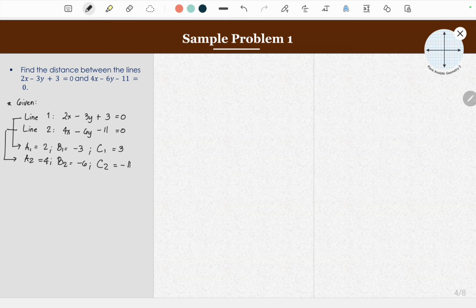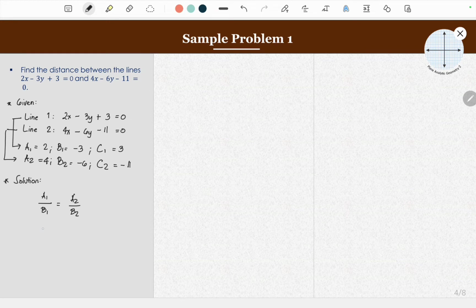Substituting these values to check if they are parallel or not, we have a sub 1 over b sub 1 is equal to a sub 2 over b sub 2.